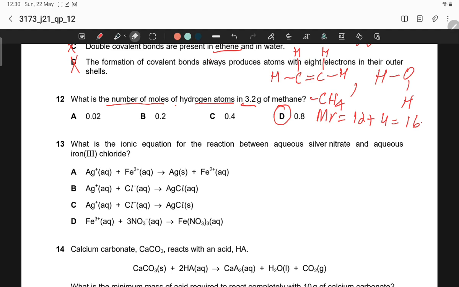Question number 13. What is the ionic equation for the reaction between aqueous silver nitrate and aqueous iron(III) chloride?